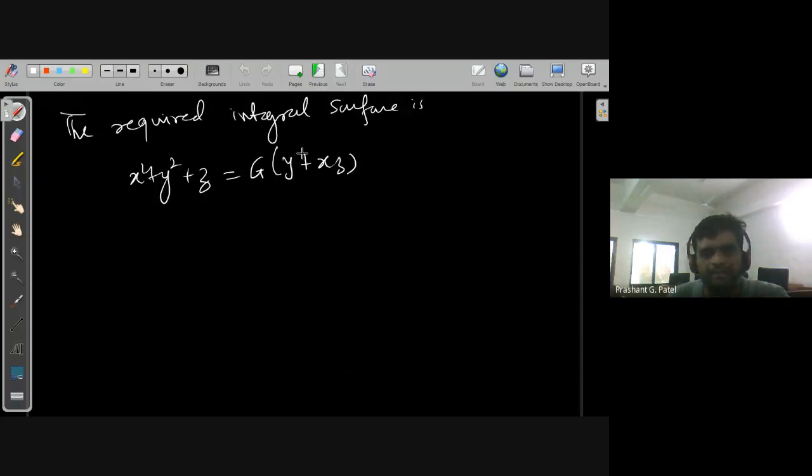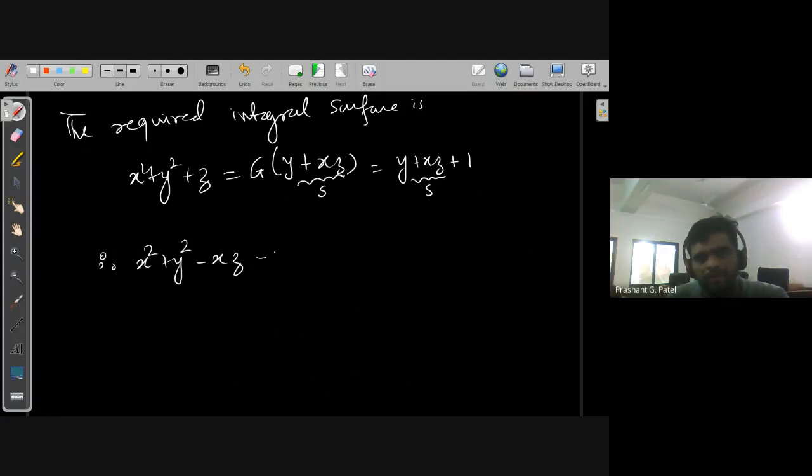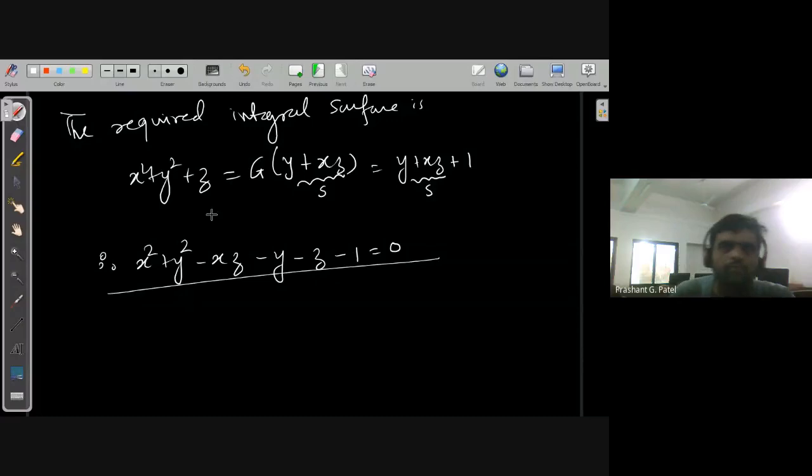So it will be y plus xz plus 1. In place of s, we have this quantity, so s plus 1. So the final answer is x square plus y square minus xz minus y minus z minus 1 equal to 0, which is the required integral surface we are looking for.